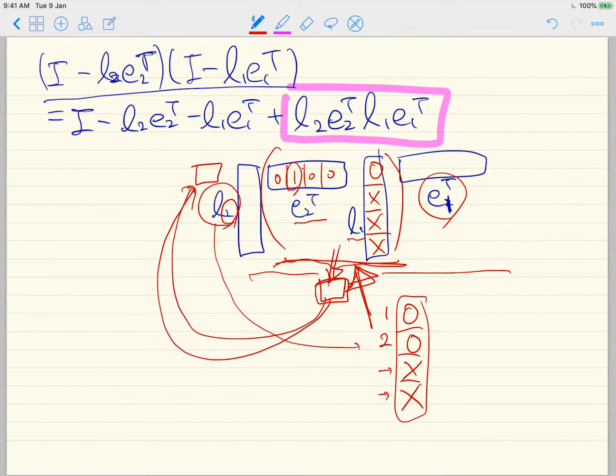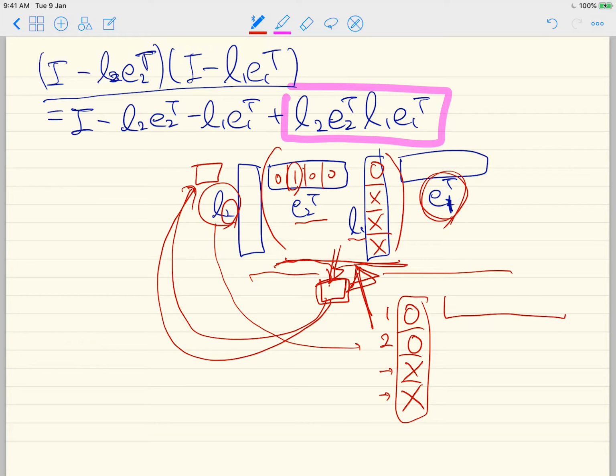And then here, let's consider the inner product with the E1, and E1 will have this first element as 1, and all the other elements zeros, right?